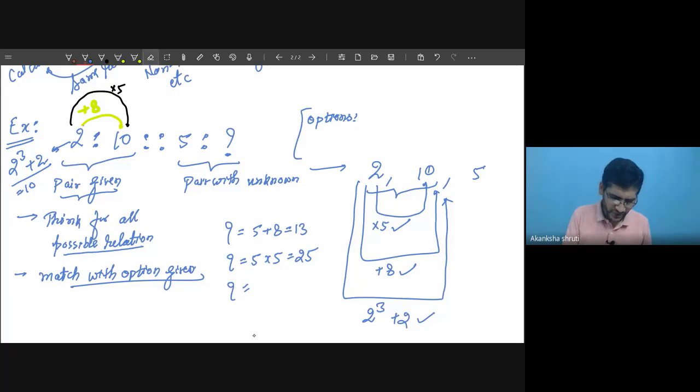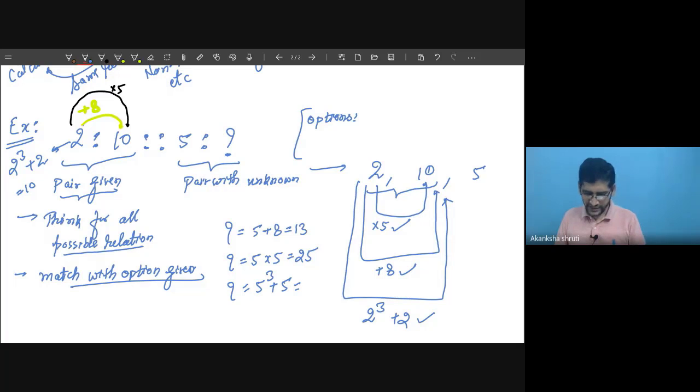So this is another possibility. The similar rule we can apply here also, meaning 5 cube plus the same number is also added. So maybe 5, or one may say maybe 2 itself. So see what the possible answers are, and accordingly we have to search. So it is like n square, or the first one is square. So for reaching 10, 2 cube is there plus 2 is there.